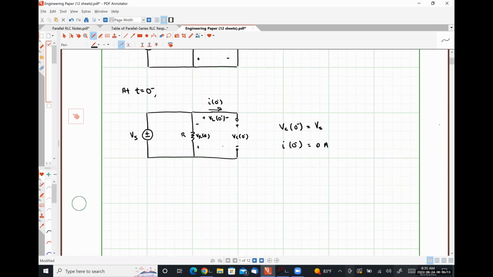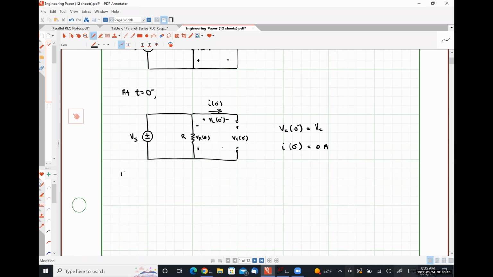Okay. For t greater than or equal to 0 plus, our circuit is going to look like this.